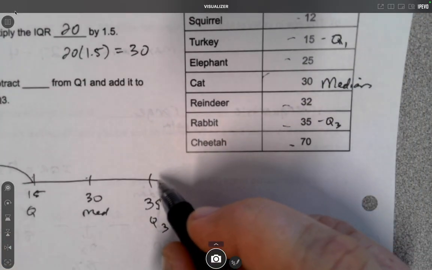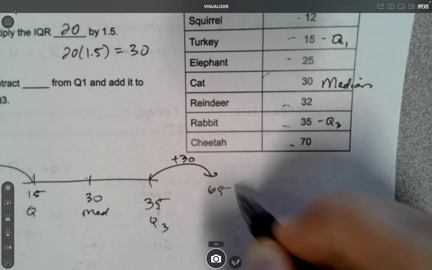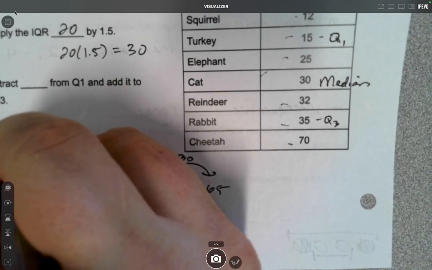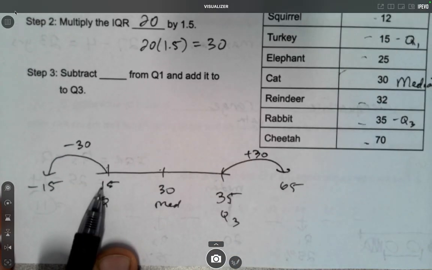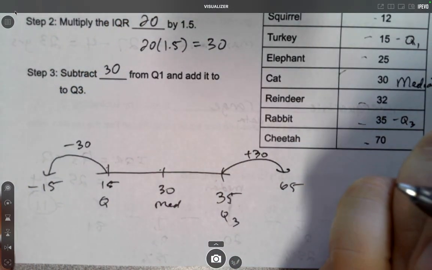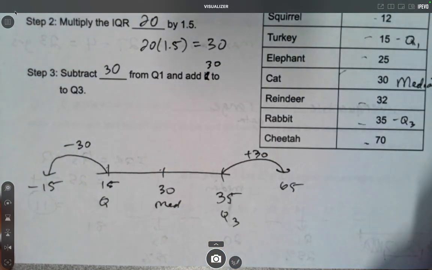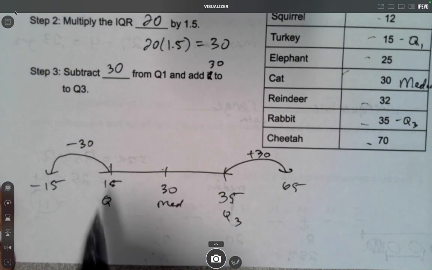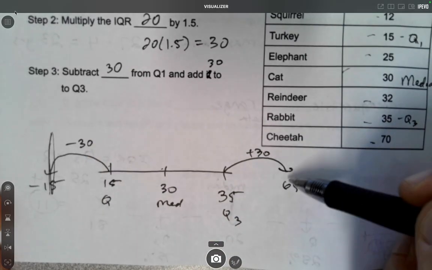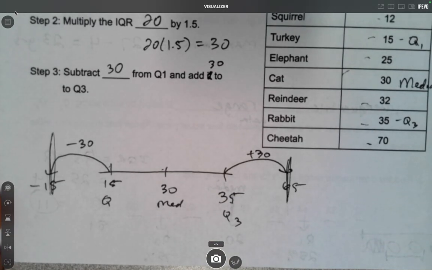Then we do 35 plus 30, and we get 65. So we had to subtract 30 from Q1, and we had to add it, meaning add 30 to Q3. So anything inside this range of negative 15 to 65 is still considered normal.